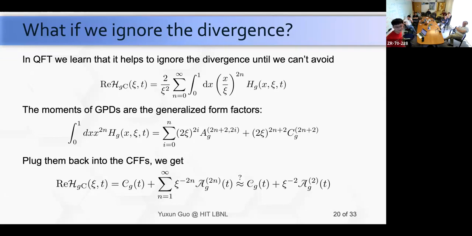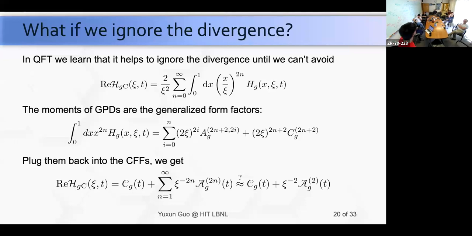We know that this series is going to diverge if X is larger than C, but we still plug everything in here. And this is the condition we talked about before. If you take the moments of the GPD, it becomes all kinds of form factors, like the charge form factor and gravitational form factors. In general, they're called generalized form factors, typically standing for a bunch of higher spin local operators here.